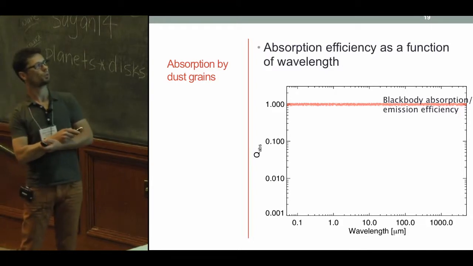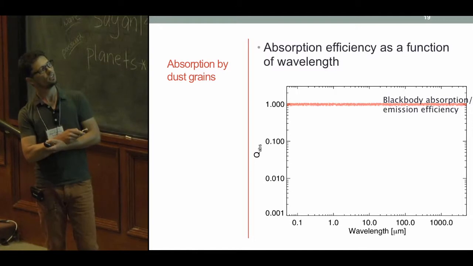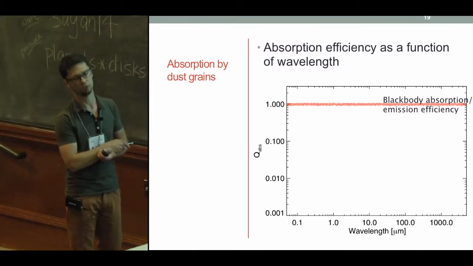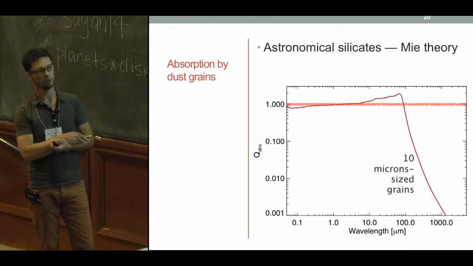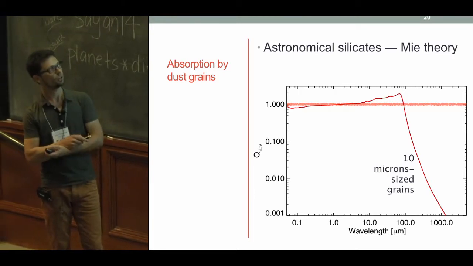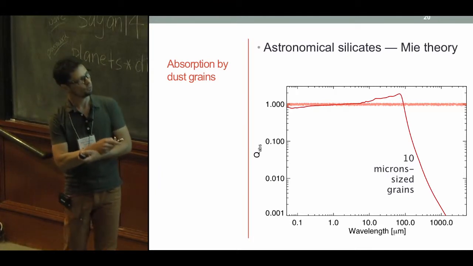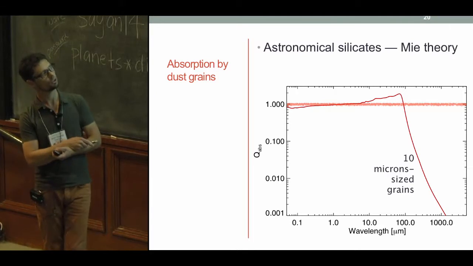This is the absorption efficiency as a function of the wavelength. It's unitless again. This is the Blackbody absorption efficiency put here as a reference. And this is what you get for a silicate grain, 10 micron in size, calculated with the Mie theory. You see what I showed before, namely that at short wavelengths, it absorbs and emits almost like a Blackbody, but at some point the efficiency drops strongly.